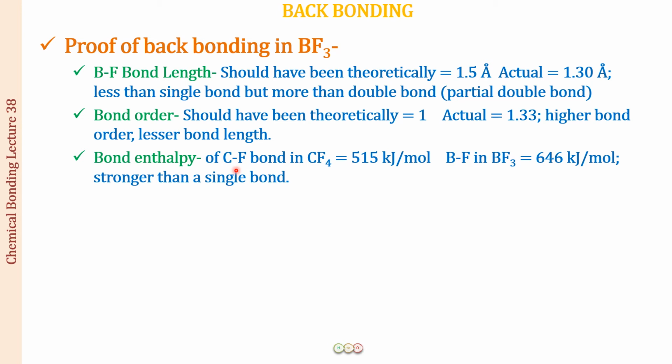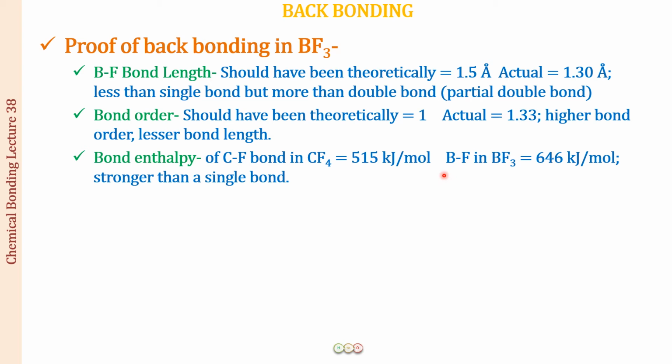Similarly, when we have a shorter bond length, the energy required to break that bond is going to be more. But what we find is just the opposite of it. The C-F bond length should have been shorter theoretically, but this is requiring a lesser energy than in the case of the B-F bond, sorry.